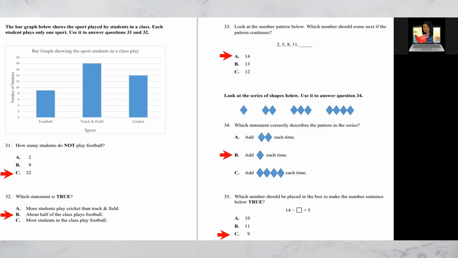Number 35, which number should be placed in the box to make the number sentence below true? Now, I think this question came again on the exam that you did earlier in June. But the issue is this. I believe that there was a mistake on the paper. Because if you look here, children, if you put 19 here in the box, 14 minus 19, that is not equal to 5.